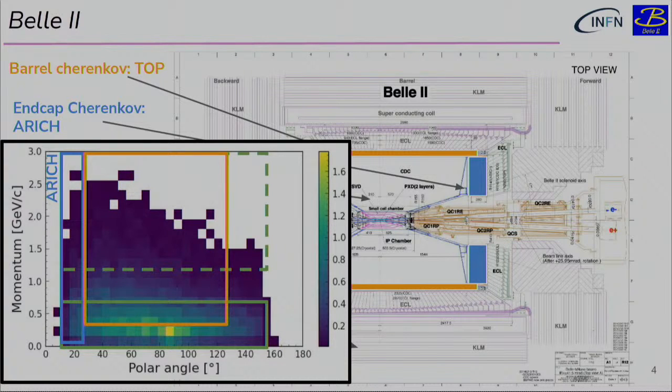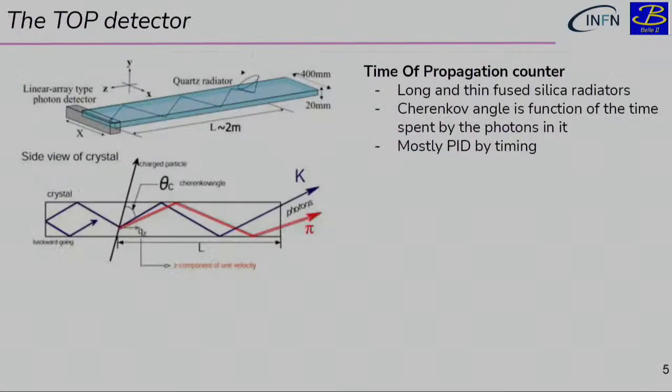And the ARICH is covering the forward part, which is not reached by TOP. I also highlighted the region in which the dE/dx information is actually dominating the PID determination. So you can see that except for this very little corner in the backward region, where we have very little acceptance, so we can pretend we don't care about that, we have coverage over the full phase space.